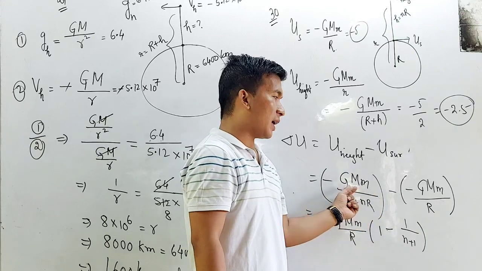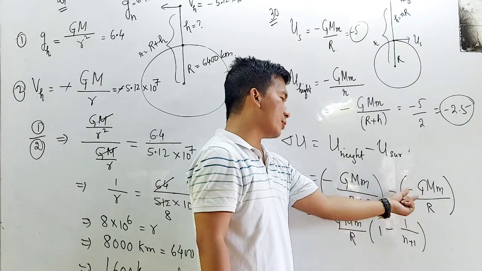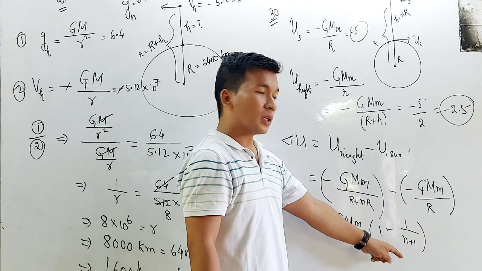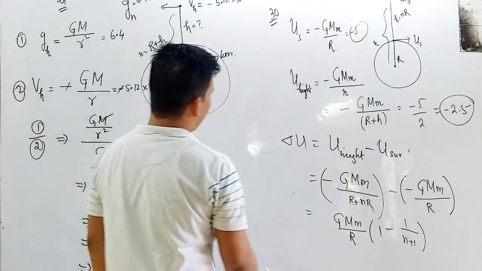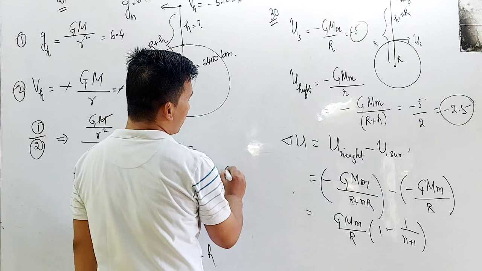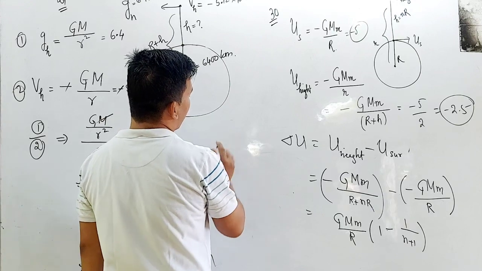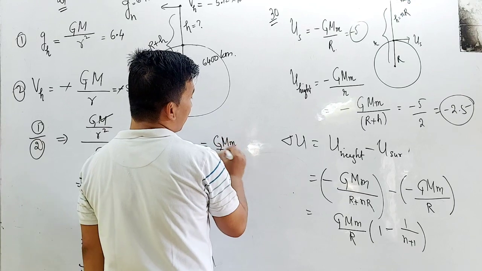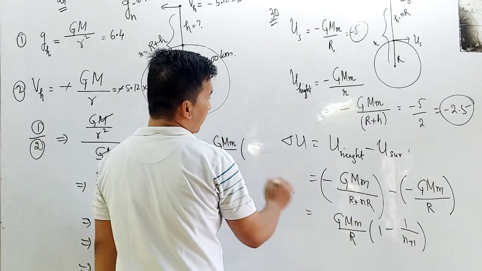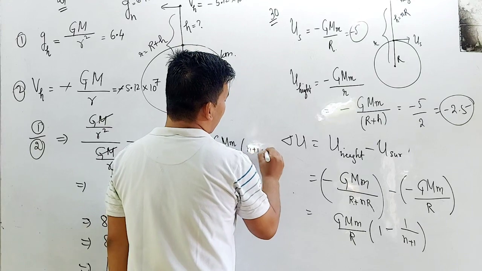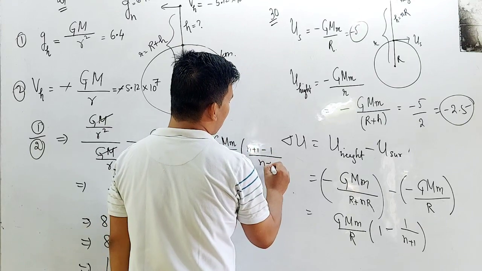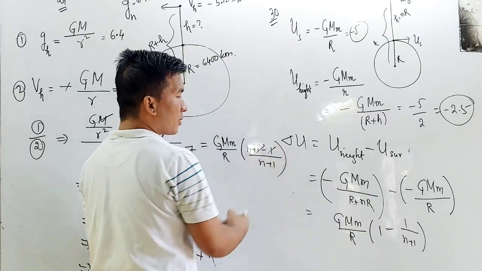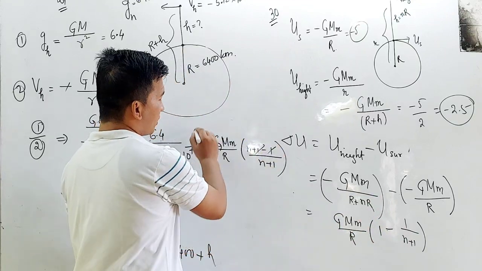After simplification, we will have capital G capital M divided by R and this will be n plus 1 minus 1 divided by n plus 1. The 1 and the minus 1 cancel out.